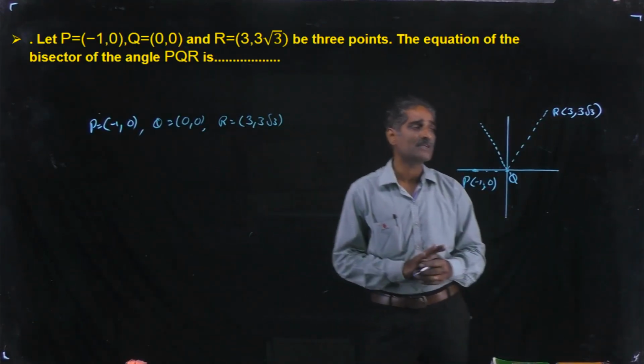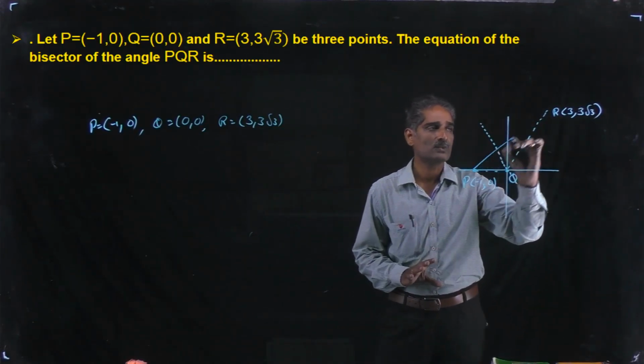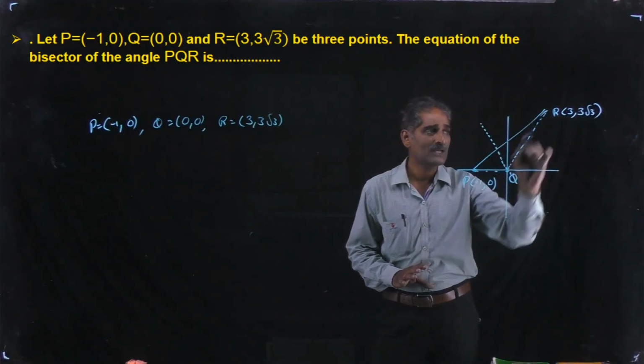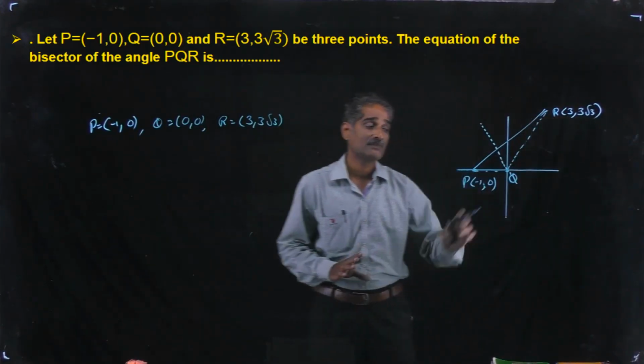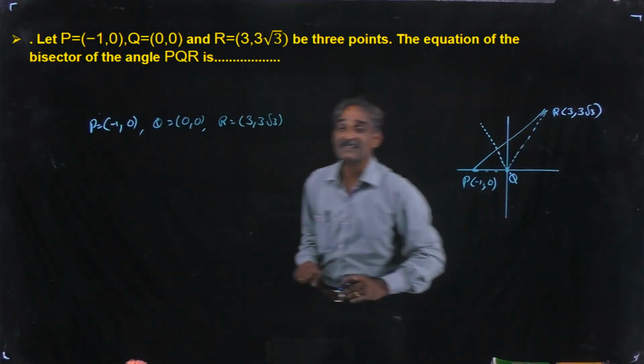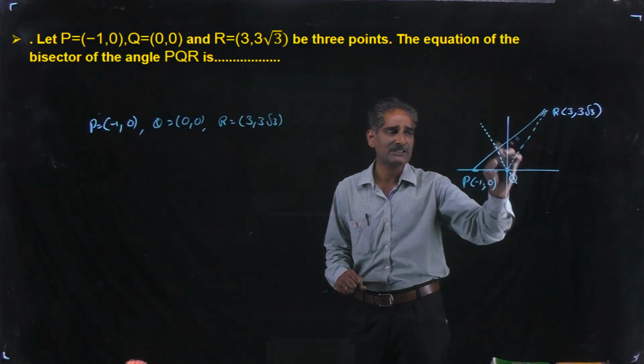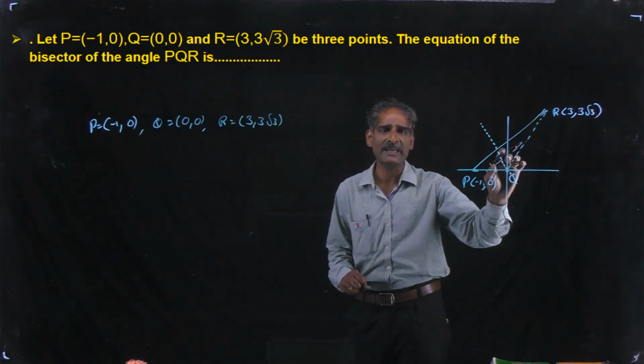Just observe that if you join these two, then what about the slope of this line? If you know this angle, we can find the remaining angle. This is the bisector; we just have to split the angle into equal parts.